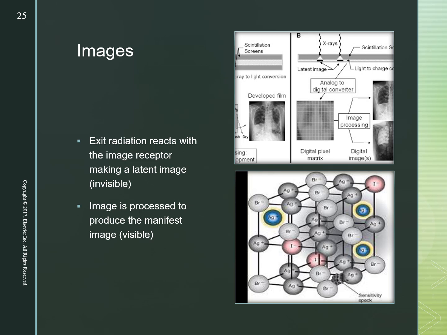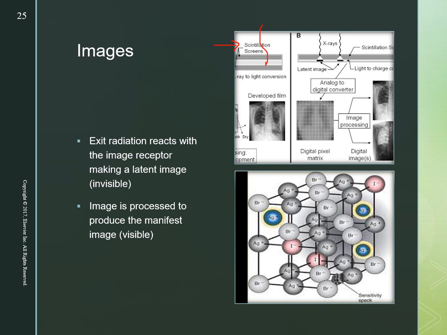So if I have a scintillating screen, this would be our old X-ray images, our old film screen images. Those photons would come in, interact with the screen, and produce a brightness, and then that bright light would expose the film. Then we move to CR, where our X-rays come in and create that interaction, moving our electrons in the imaging plate to a metastable state.